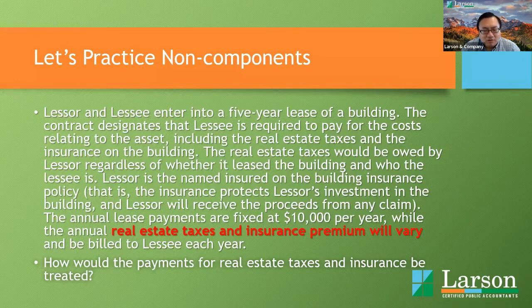So it's owed to the lessor, right? But the lessee is basically, through this lease contract agreement, agreeing to pay for it. And the annual lease payments are fixed at $10,000 per year, while the annual real estate taxes and insurance premium will vary and be billed to lessee each year. So how would the payments for real estate taxes be treated?